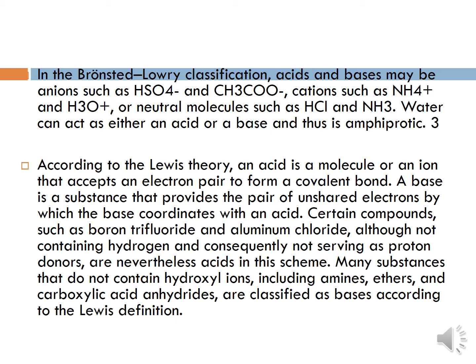In the Bronsted theory, the change in the acidity or basicity definitely depends on how much proton is present in the system, or how much hydroxyl ion accepts the proton in the system.